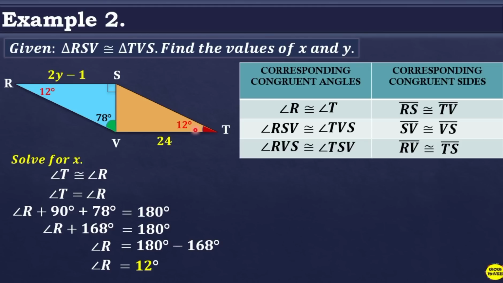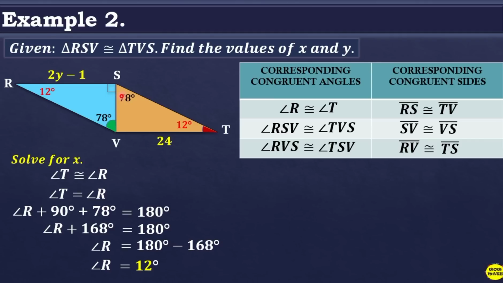Or, if you wanted to use ito, kung dito ka mismo titingin, pwede mo i-apply itong nakuha mong corresponding congruent angles. So, halimbawa po, x pa rin ito. Diba this angle, yung angle RVS mo is congruent to this angle.